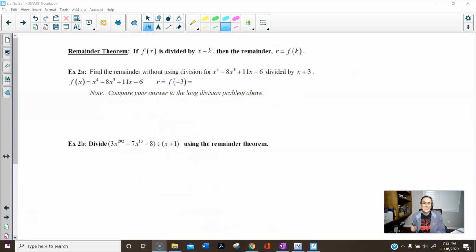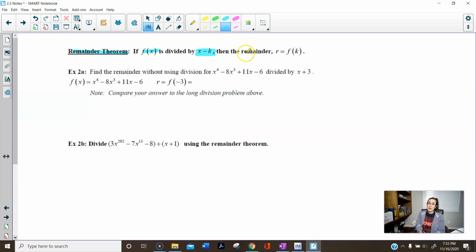So the remainder theorem is super cool. The remainder theorem is really neat. It says if f of x is divided by x minus k, so k is representing some number, right?